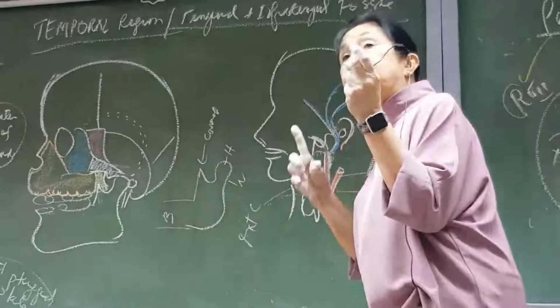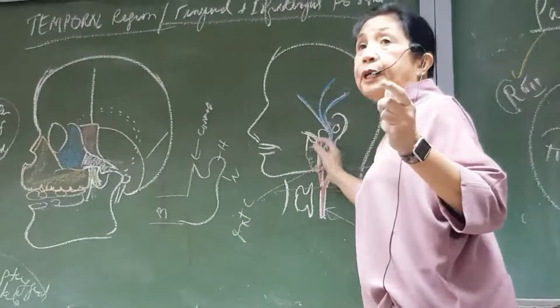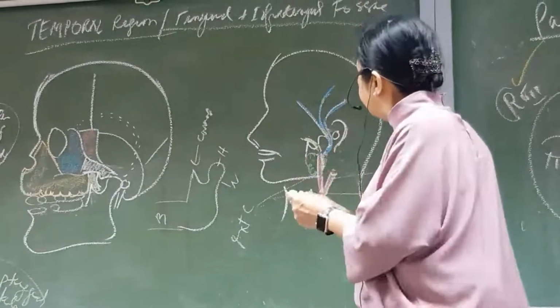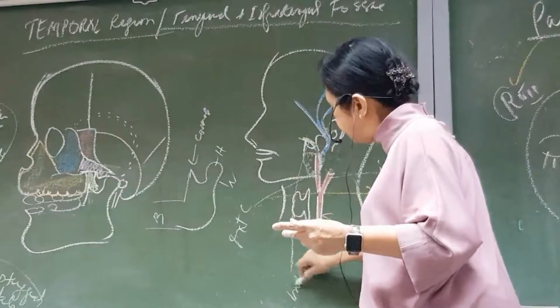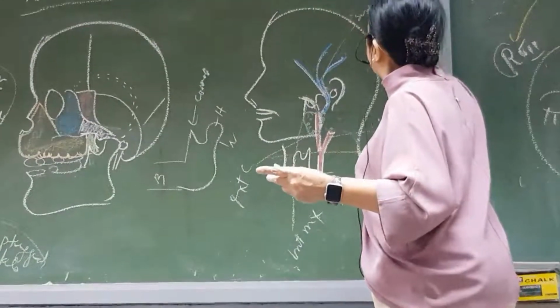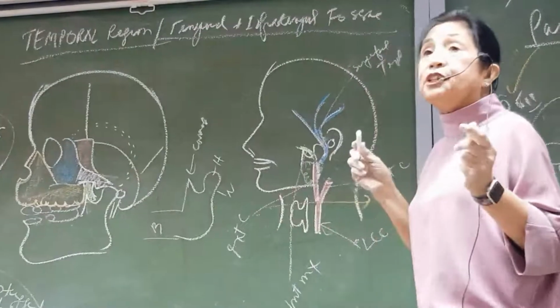Yung isa papasok sa loob ng infratemporal fossa, doon sa loob. Okay, medial, sa loob ng, sa other side ng ramus ng mandible. And that is, the green one, internal maxillary. Tapos itong kulay blue is superficial temporal artery. So what are the terminal branches?